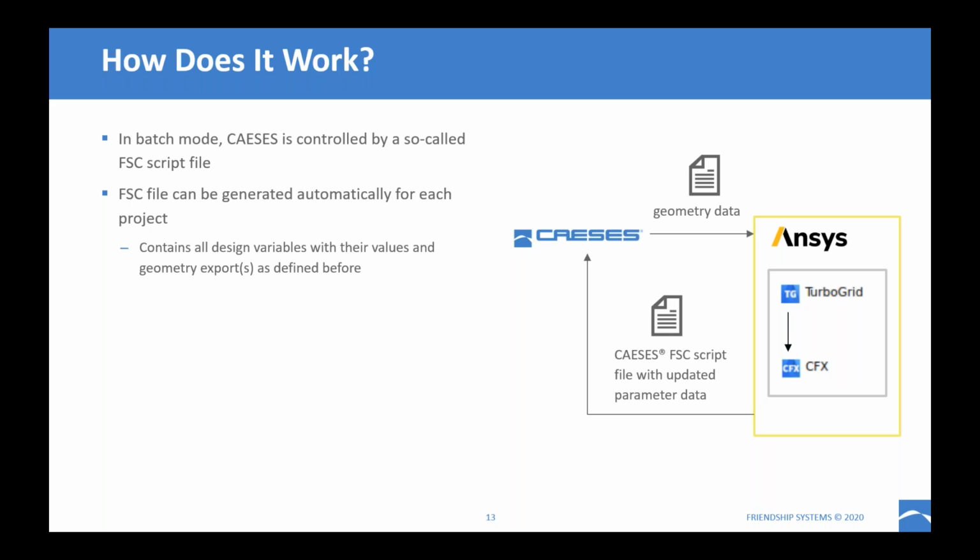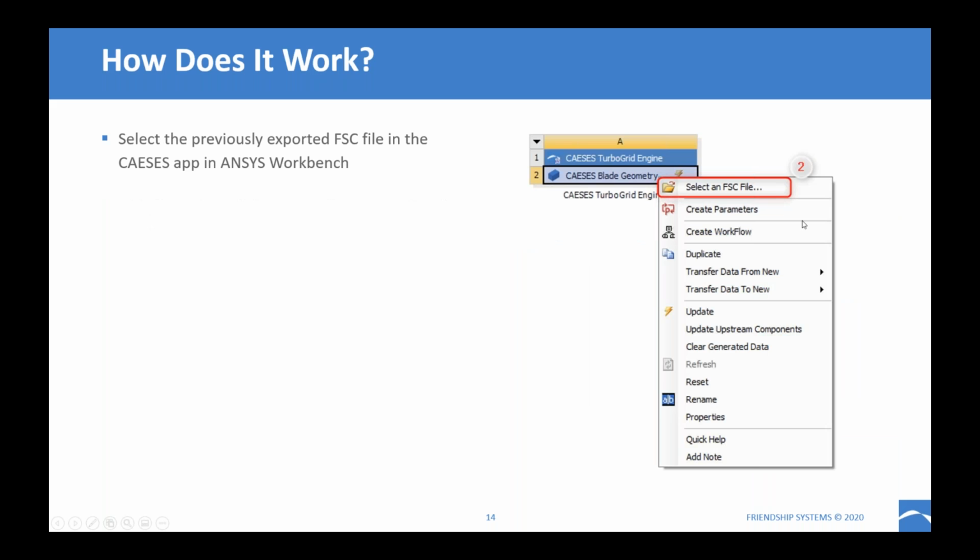There is no need for manual scripting if you're not interested in these kinds of things, because this FSC file can be generated automatically for a project after you have done the settings that I talked about before. You specify your design variables, specify your exports, and then you can automatically generate this FSC file. This FSC file is then loaded in the CAESES Workbench app through the context menu here.